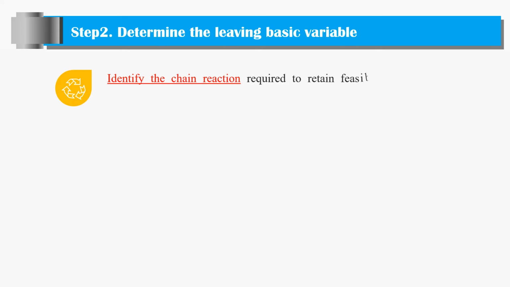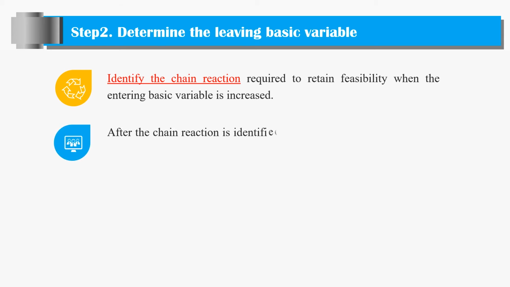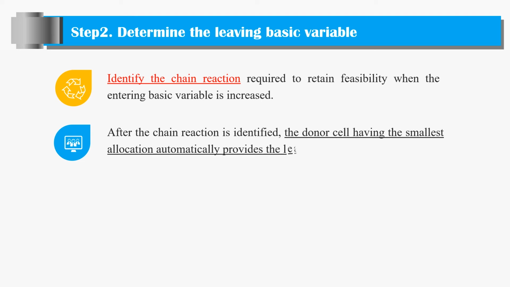Then go to step 2, determine the leaving basic variable. Identify the chain reaction required to retain feasibility when the entering basic variable is increased. After the chain reaction is identified, the donor cell having the smallest allocation automatically provides the leaving basic variable.